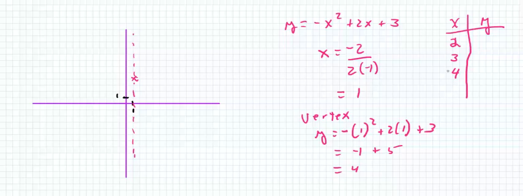So, I'm going to show the work, but if you can do it, big if, it's okay. So we have y equals -2 squared plus 2 times 2 plus 3.